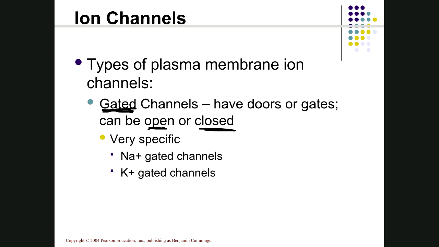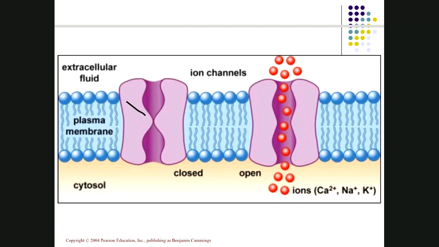So if you look at this one, look, there's a door right here. And that door is closed. Well, if it's closed, nothing can get through it. But when the door opens, ions can move. And remember, ions only move from high concentration to low concentration.